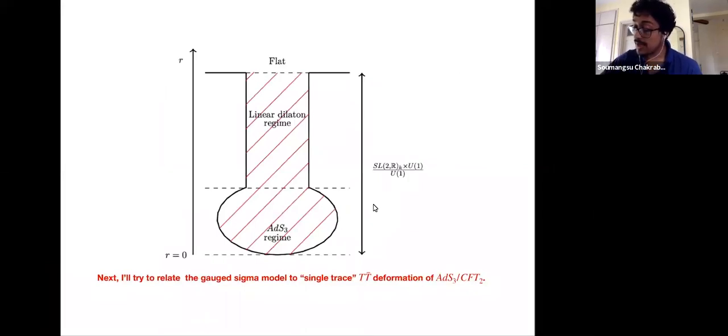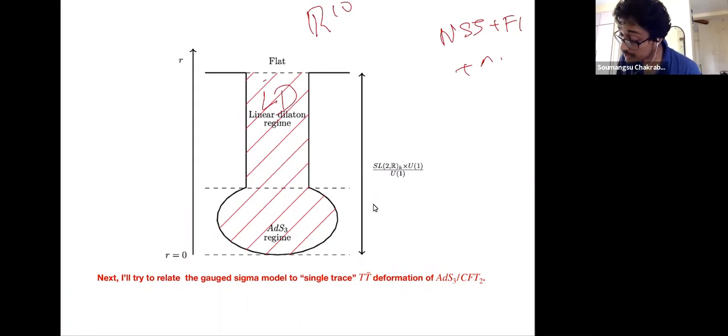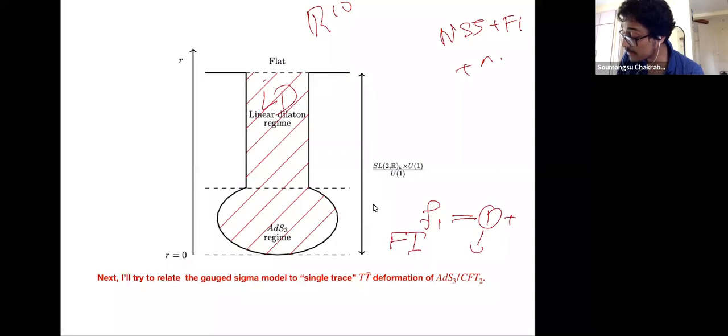So basically, if you look at this NS5 plus F1 plus momentum system, it is asymptotically flat. This is R10. And then in the near horizon geometry of the NS5s, you get a linear dilaton spacetime. And then when you go even closer to the fundamental strings, that is, if you drop the 1 from F1, you set this 1 to 0, you get AdS3.